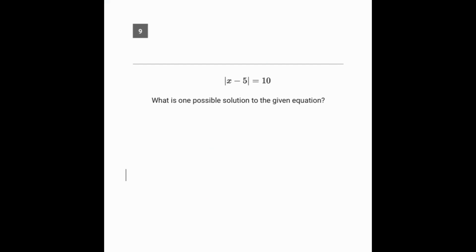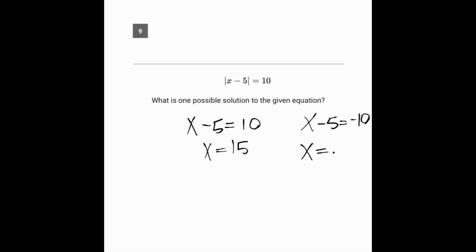So for us, we basically have to write x minus 5 is 10 and x minus 5 is negative 10 and start solving them. Add 5 to both sides here, add 5 to both sides here, and our answers are 15 and negative 5. The question is asking for one possible solution, so you can have either of these as your answer.